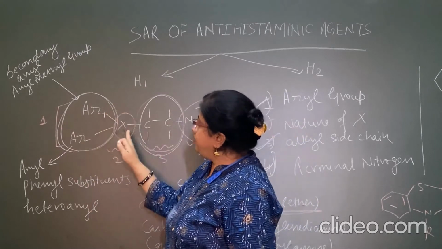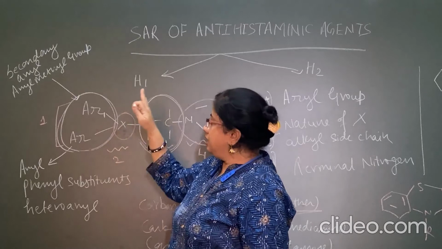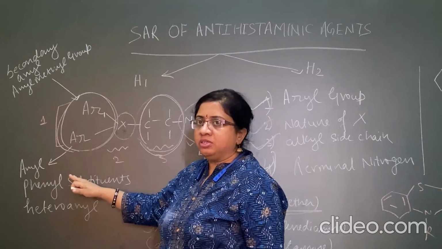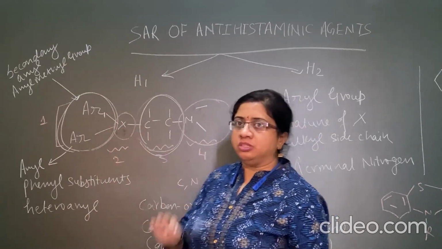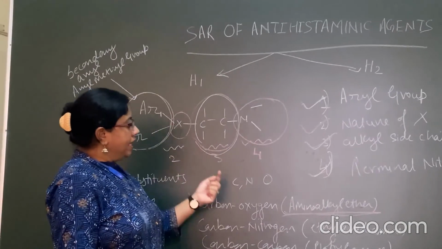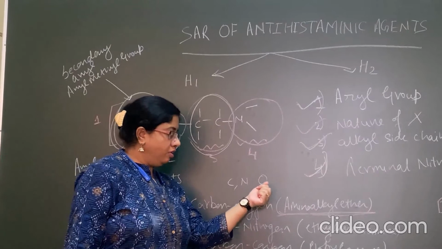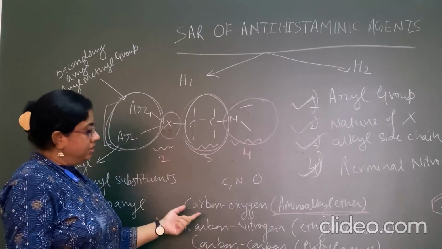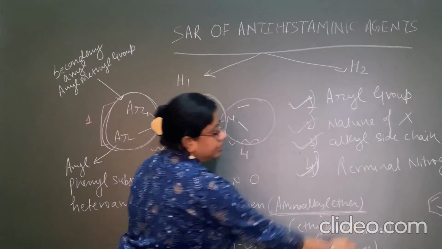Now we will shift to X. What should be the nature of X? X determines the chemical stability of H1 receptor antagonist. Also it classifies the H1 receptor antagonist on the basis of the atom. X may be either carbon, nitrogen or oxygen. Suppose it is carbon-oxygen, then the classification is amino alkyl ether.